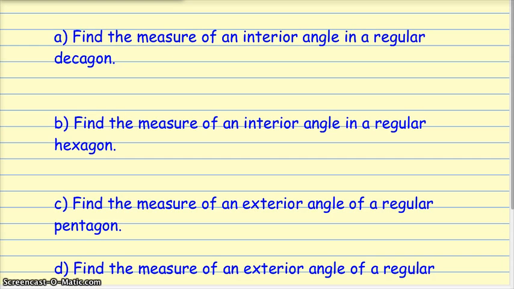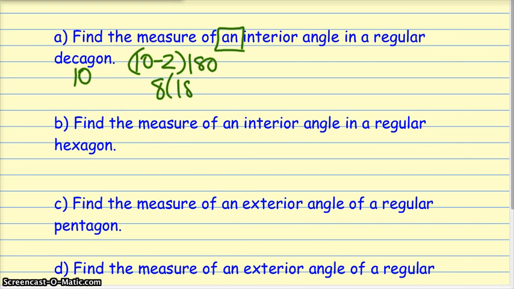A couple more. It says find the measure of an interior angle of a regular decagon. It just wants one interior angle. It doesn't say the sum of them. Well, the decagon has 10 sides. I need to determine how many degrees there are total, and then we can go back and find how many each angle is. So 10 minus 2 times 180 gives me 8 times 180.